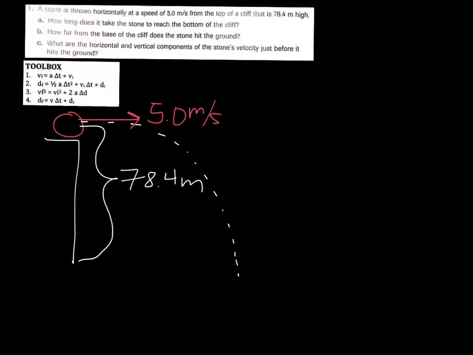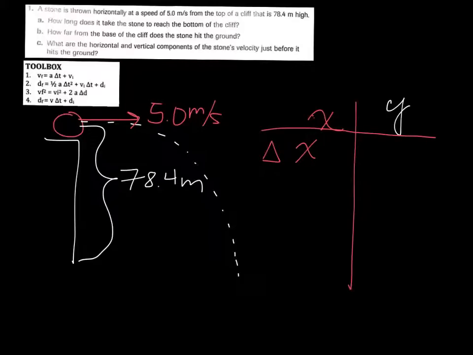So now that we have the picture drawn, we can list all of our given information. So let me do my x direction and my y direction. So x, I'm going to do in red, and then my y over here. So on the x side, I know I'm going to have my change in horizontal position, my velocity, and my change in time.